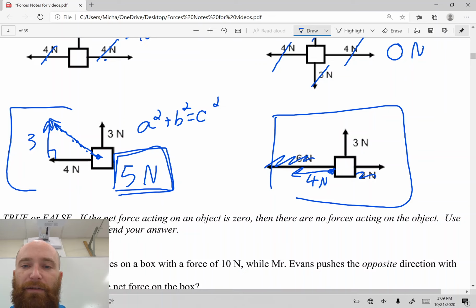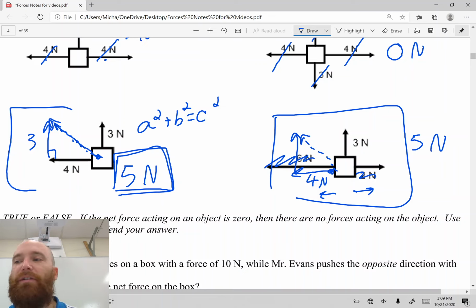And in fact, if you tip to tail these guys, it is exactly the same thing. You get 5 newtons. So basically here we just added another 2 left, another 2 right, but the total effect of those was nothing. It's effectively the same example twice.